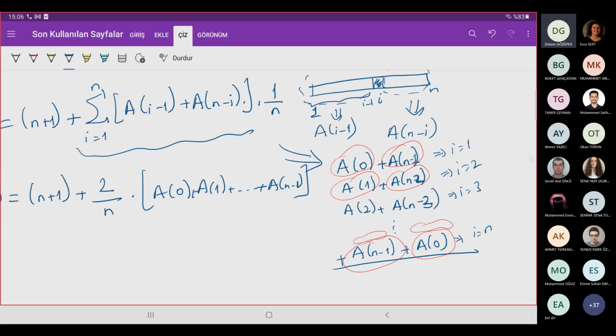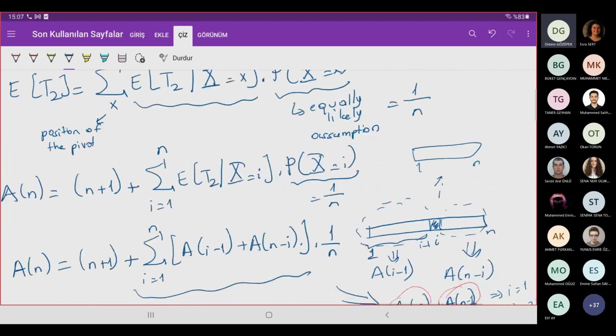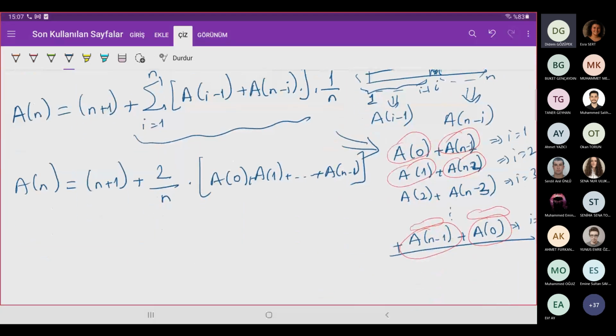This type of recurrence has a special nature. We have seen recurrences like Fibonacci, where F_n is F_{n-1} plus F_{n-2}. So I have 2 units of memory: I just keep track of what happened 2 steps ago, and then I forget the rest.